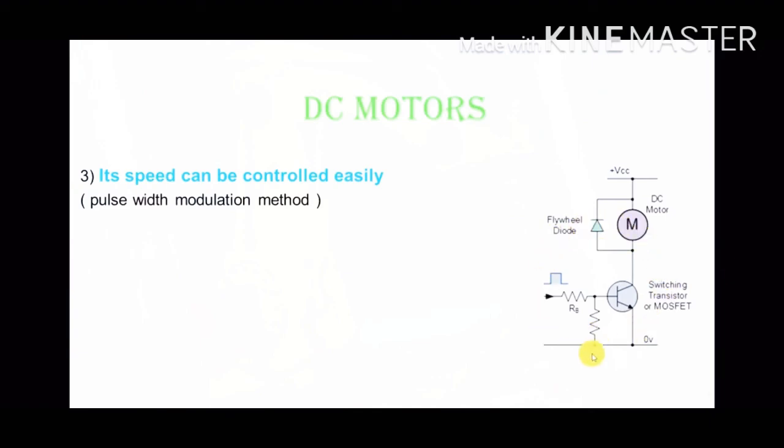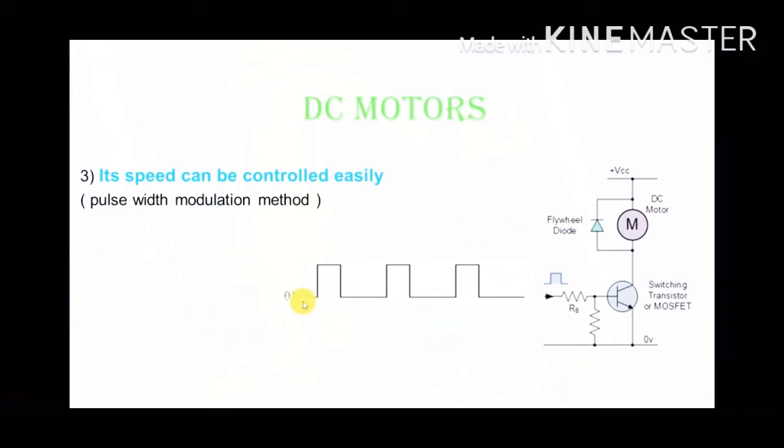In large power electronics it will be more complex, but this is only for illustration, and this circuit can be used for low power DC motors. We connect our motor to a transistor here, and the base of this transistor is applied with some pulses, and these pulses can reduce the input voltage.